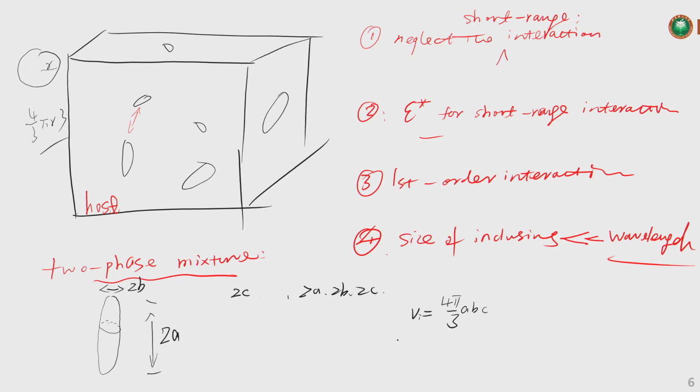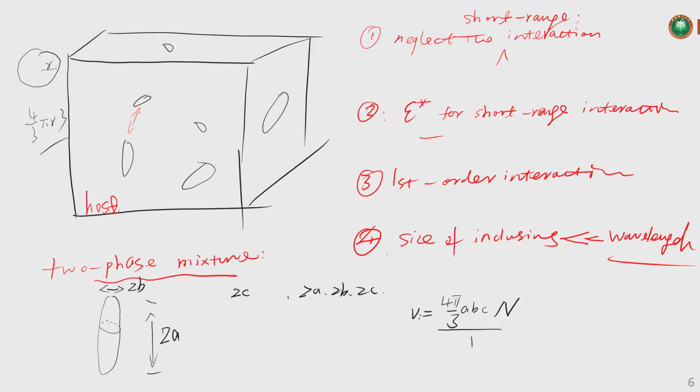And if, as we said previously, this host material is unit volume, all right? So it's divided by one. And if each of the inclusions are identical to each other, so they have the same volume, and their number is capital N in unit volume of host material.